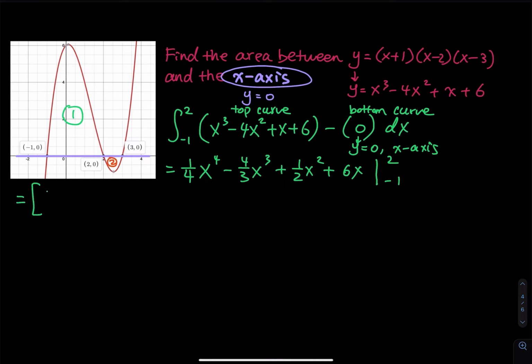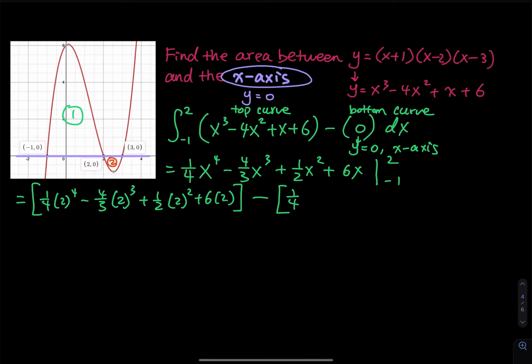So we have 1 over 4 times 2 to the 4th, minus 4 over 3 times 2 to the 3rd, plus 1/2 times 2 squared, plus 6 times 2. That is for the upper limit, and then subtract the lower limit. This is always a subtraction because that is what the fundamental theorem of calculus gives you. It's always a minus. So 1 over 4 times -1 to the 4th, minus 4 over 3 times -1 to the 3rd, plus 1/2 times -1 squared, plus 6 times -1.